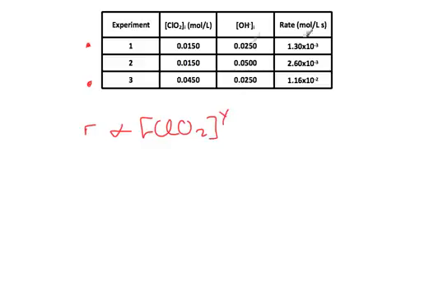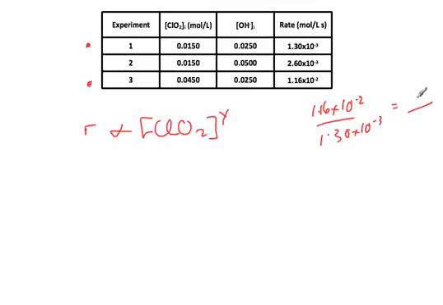In experiment 3, if you look at rate first, it went from 1.30 times 10 to the minus 3 to 1.16 times 10 to the minus 2. Well, how do you do the math on that one? Simply 1.16 times 10 to the minus 2 divided by 1.30 times 10 to the minus 3 should give you some number.